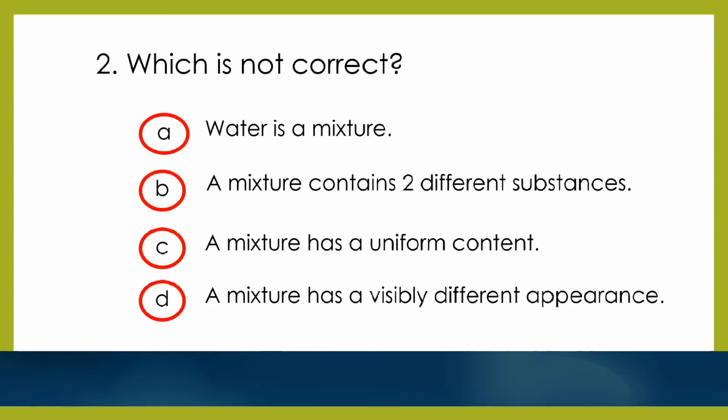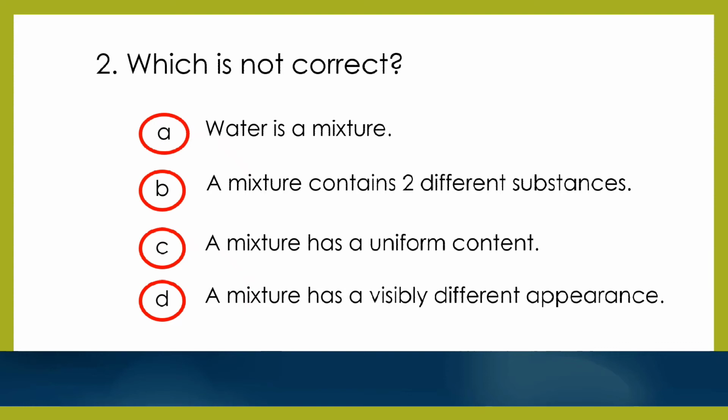And letter D, a mixture has a visibly different appearance. Again, you are asked to write which is not correct. Meaning the 3 of them are correct, only one is not telling the truth. So which letter is that?